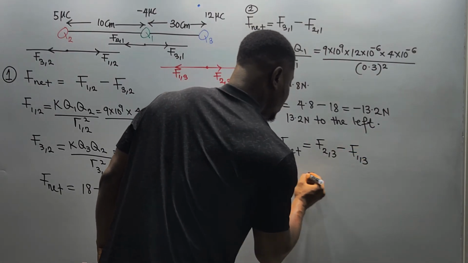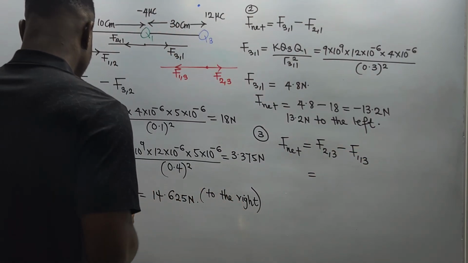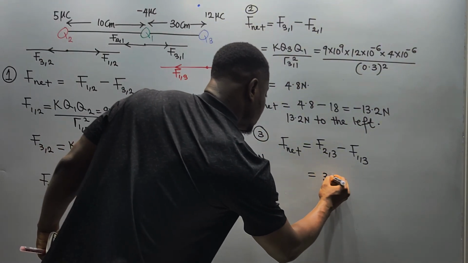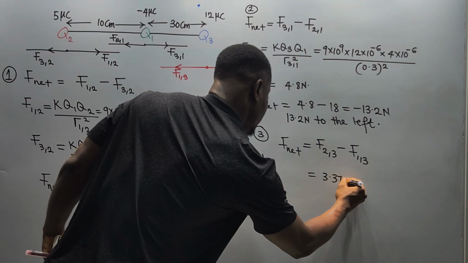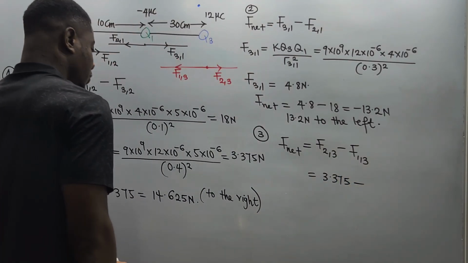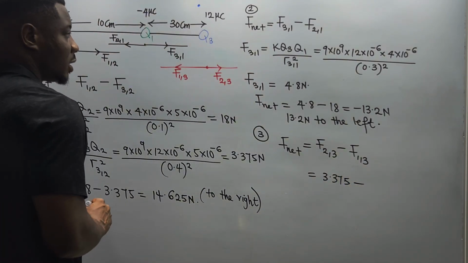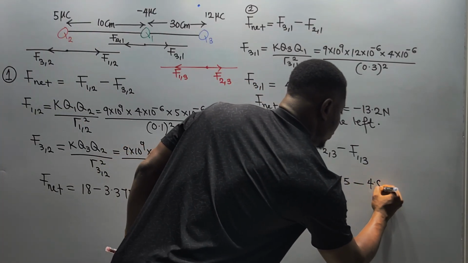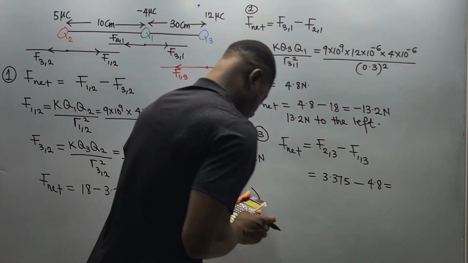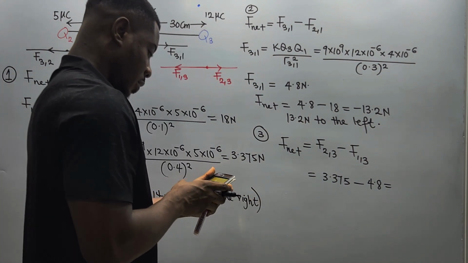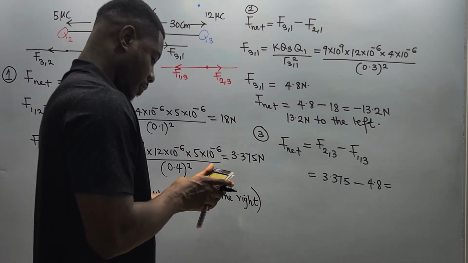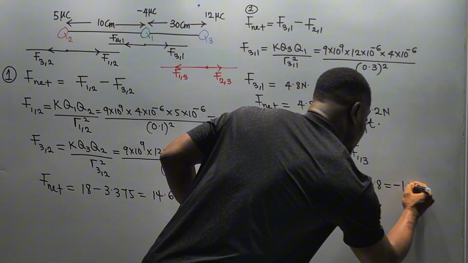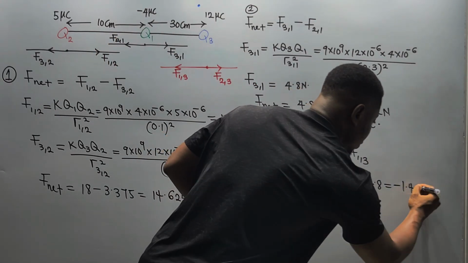Now this is really easy for us because we've gotten F2 on 3 before. F between charge 3 and 2 is 3.375. Then the force between charge 1 and charge 3 is 4.8. If we subtract these two, this gives us negative 1.425.